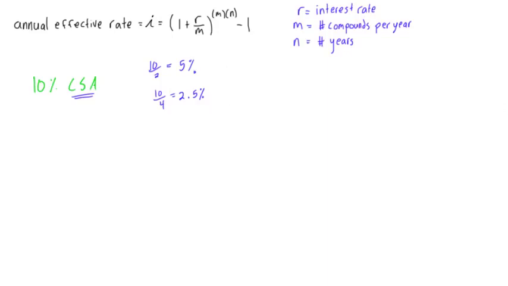So what we want to do is find out, if we're compounding at 5% twice, is that better than compounding at 10% once? Well, obviously it'll be a little bit better, but definitely not double. Well, let's do this.